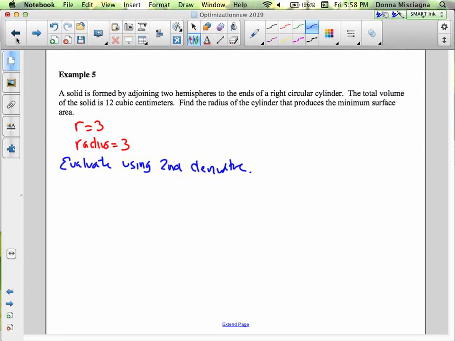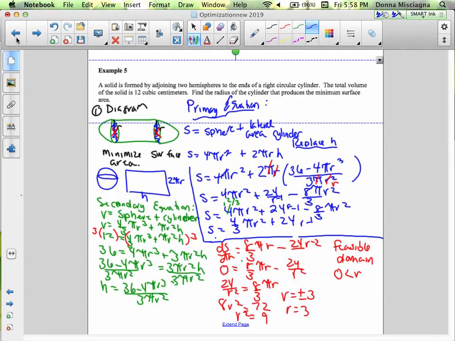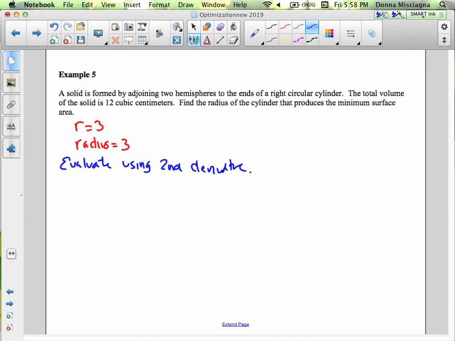That means I need to remember what the first derivative was, which was, before we took the derivative, 8/3 pi r minus 24 r to the negative 2. So we'll take the second derivative here, d2s over dr2.